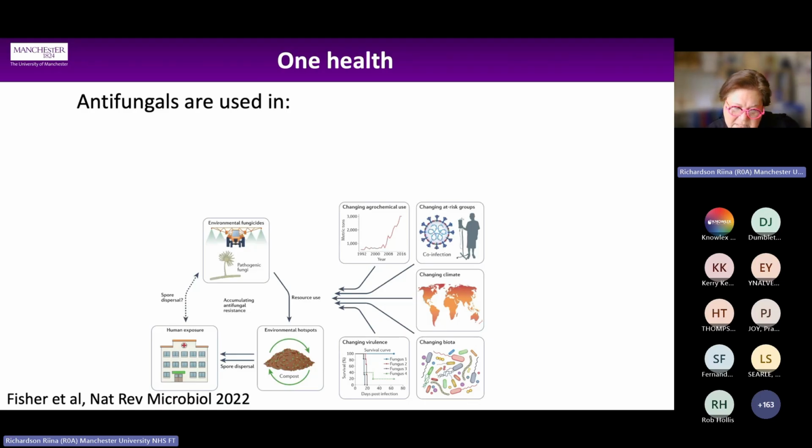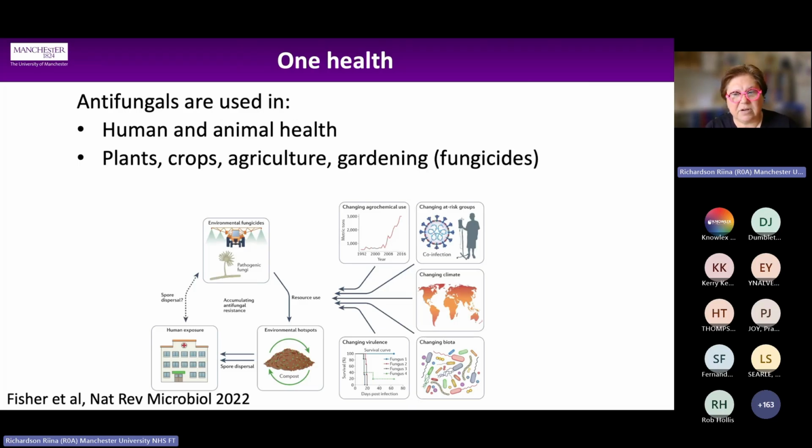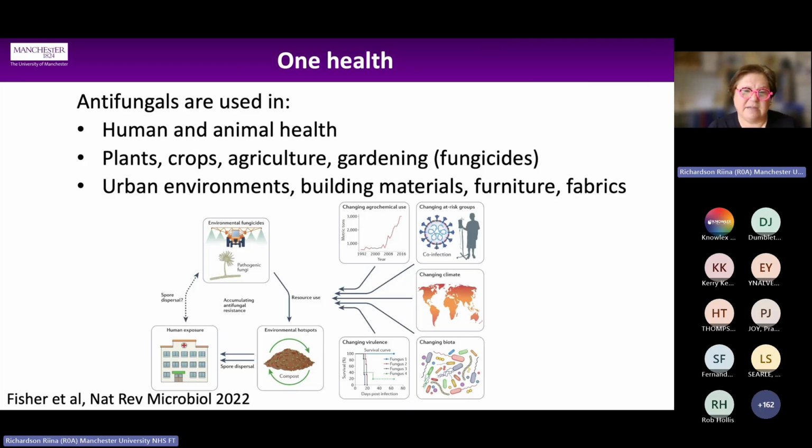Antibiotic resistance is often linked with animal husbandry, but in the case of molds, it has to do with agriculture, the favorite environment for our molds, all the plants and crops that we grow. And antifungals are, in addition to all that, used obviously in human and animal health and in agriculture. But there's a lot of antifungals also used by all of us. You have your rose sprays and others in gardening, and every little bit matters.